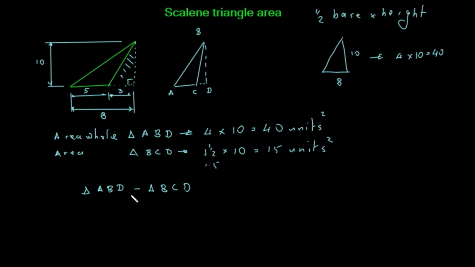That's what this is saying: the whole thing, subtract from that the little bit there. So the whole thing is 40, subtract from that the little bit, which is 15, and that will give me 25.